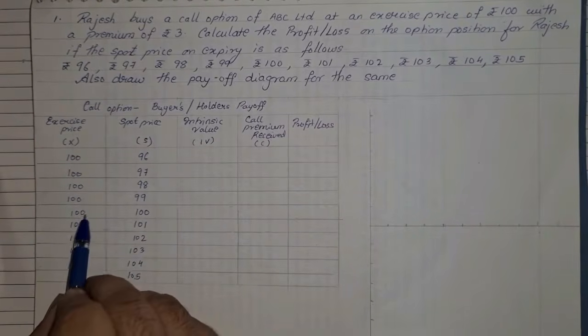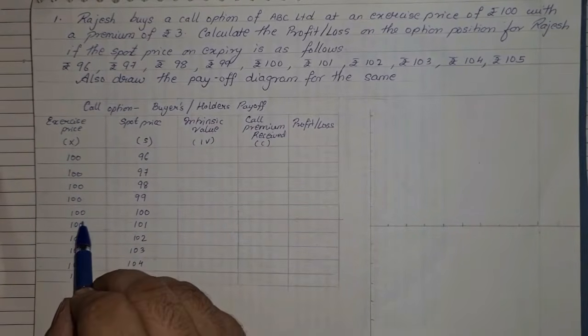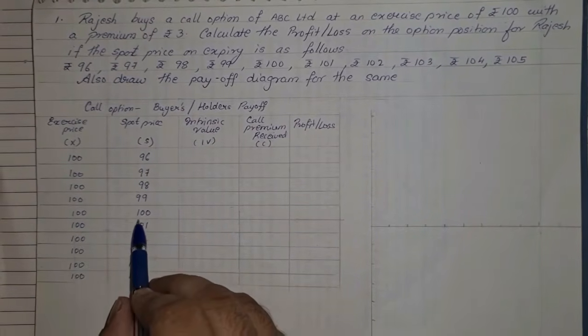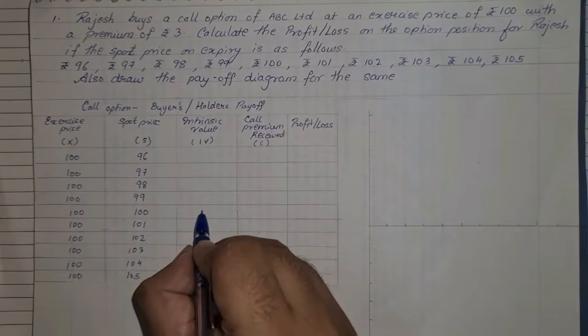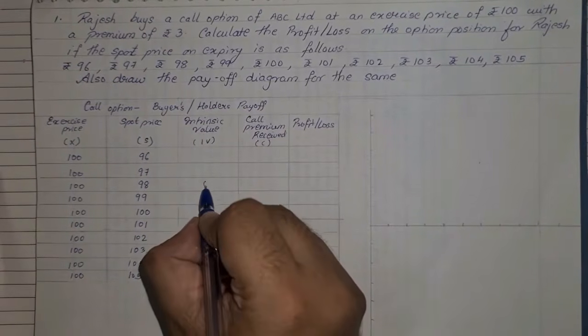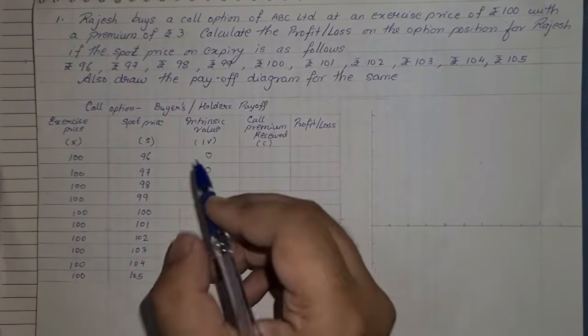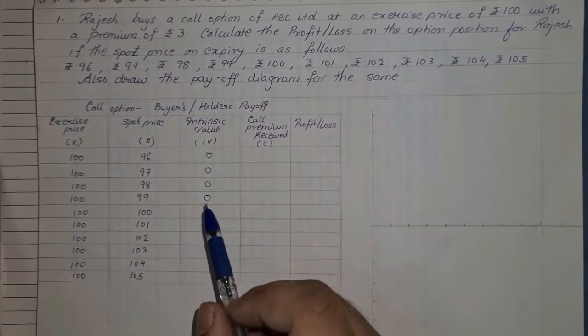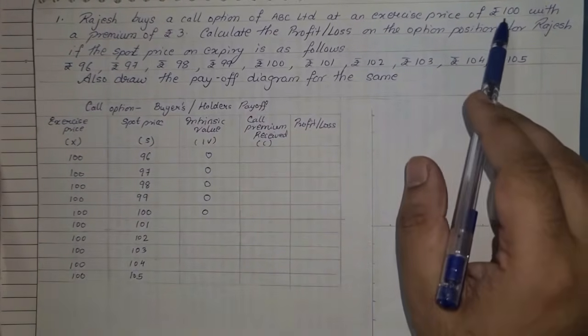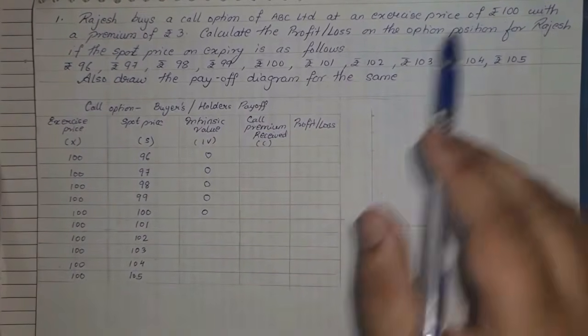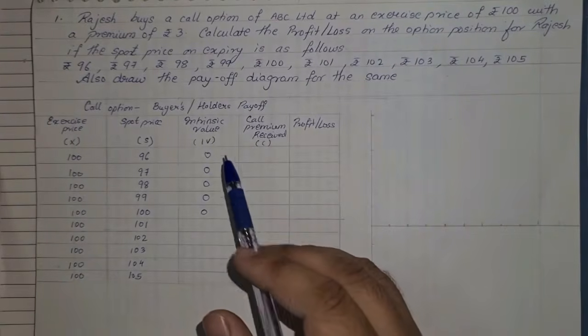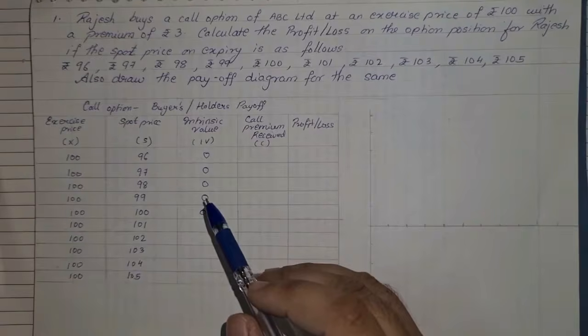Reason: when we are having a call option and we are taking a call at the exercise price of 100, any amount below that will not fetch you any intrinsic value, it will only be above that.